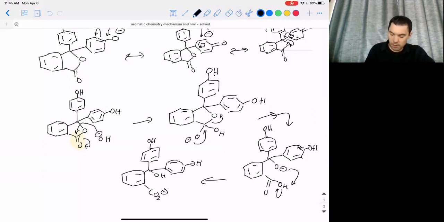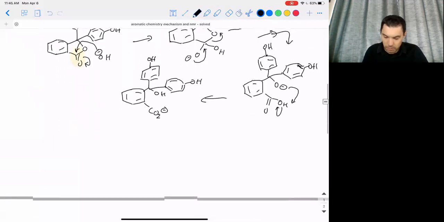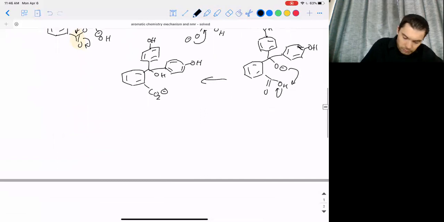And now we could imagine having hydroxide as the base, and I'm just going to slide up the page here a little bit. Balance that out with some water.